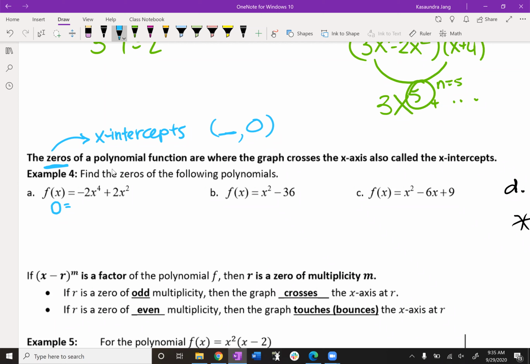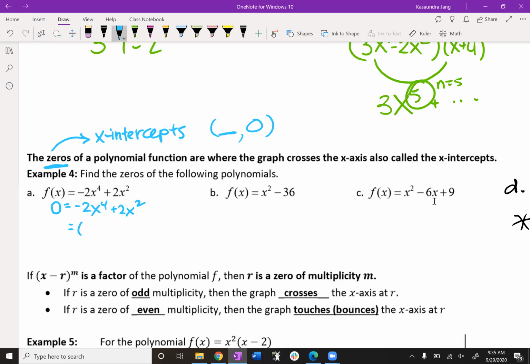So we're going to find the zeros of this polynomial. And let's see. In this case, the factored form is actually nicer for us. So we're going to have to factor this. You're going to solve probably by factoring.